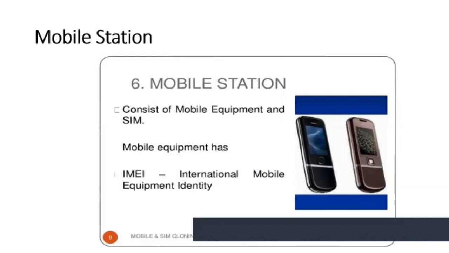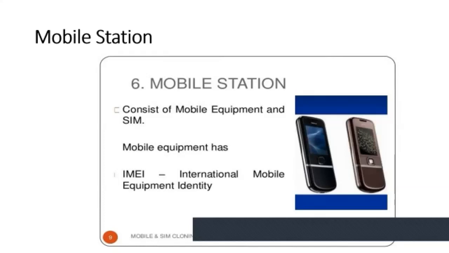So IMEI only identifies the device. Even if your mobile phone doesn't have any SIM inserted, the mobile phone will still have an IMEI number. It uniquely identifies the device. The mobile phone identifies the subscriber by transmitting the IMSI number.